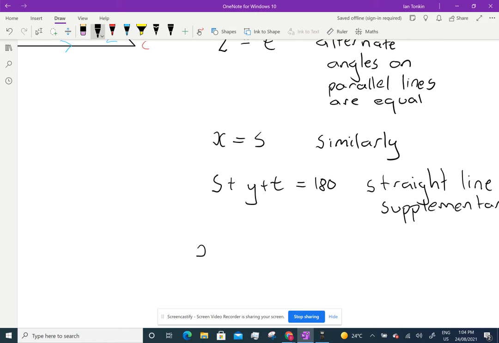But X plus Y plus T also equals S plus Y plus T, just from above, because X equals S, and that should be Z, and Z equals T from above.